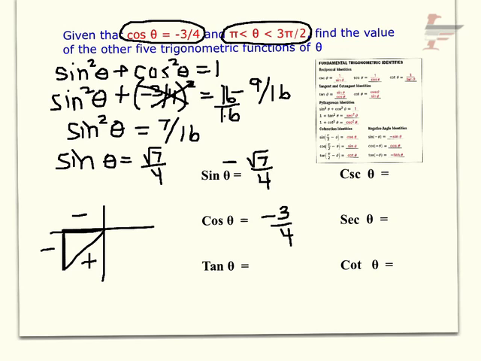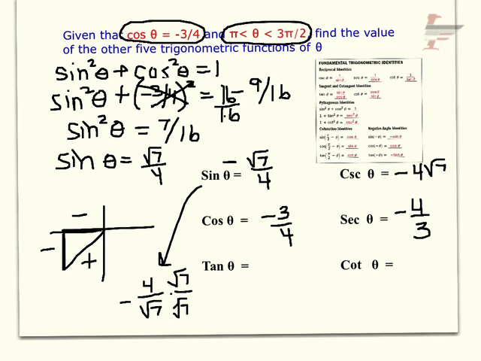The secant is the reciprocal, so that's -4/3. Once I know sine, I can take its reciprocal, and I have to rationalize, which I think you're okay with. So that's going to be -4 root 7 over 7.